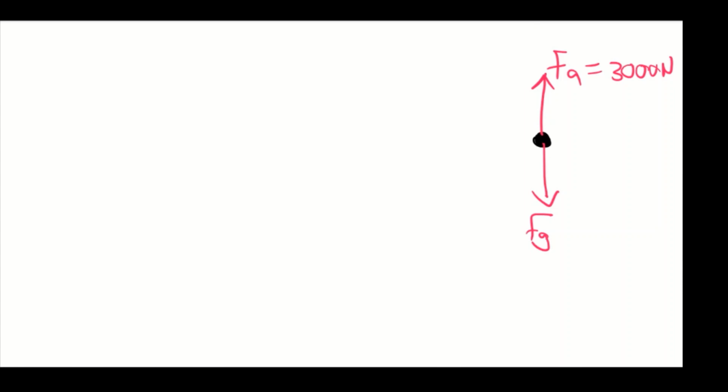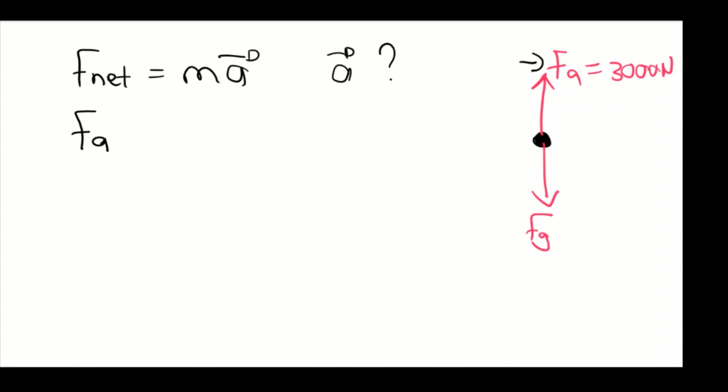So we are going to write our F net. F net is equal to ma. We are looking for the acceleration, right? Our F net is going to be the force applied, because the object is moving vertically upwards. So the force applied is going to be positive. We're going to take upwards as positive, minus the force of gravity, is equal to ma, right?